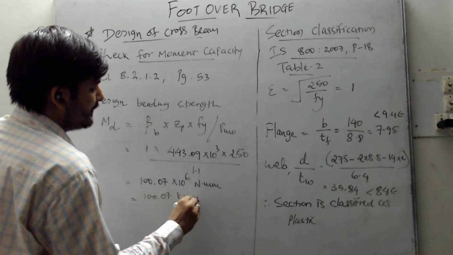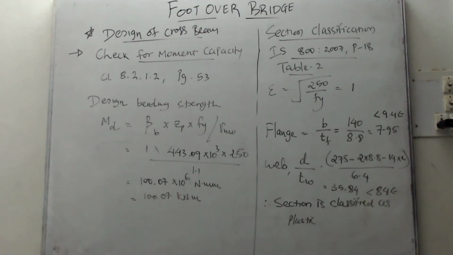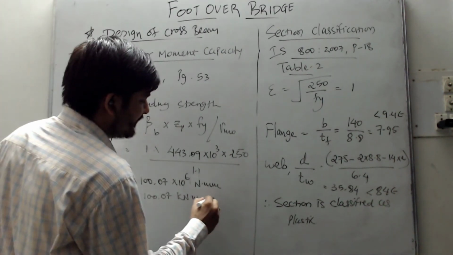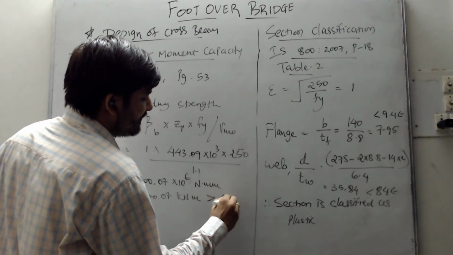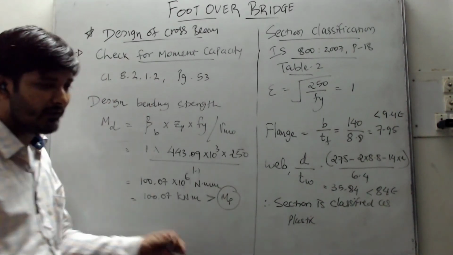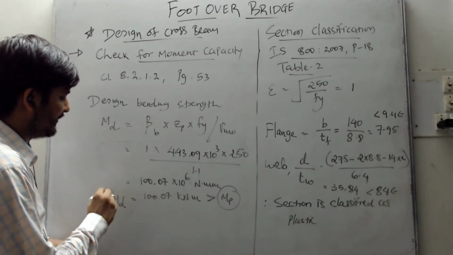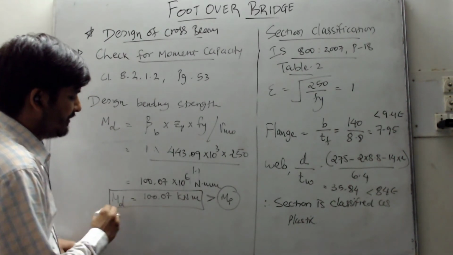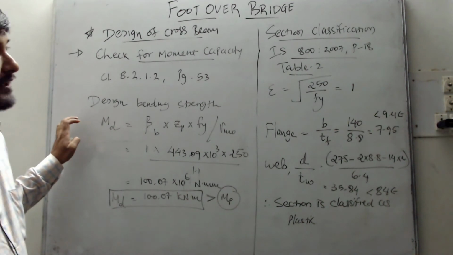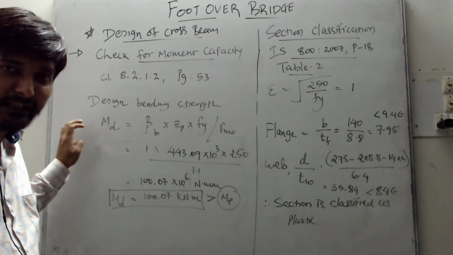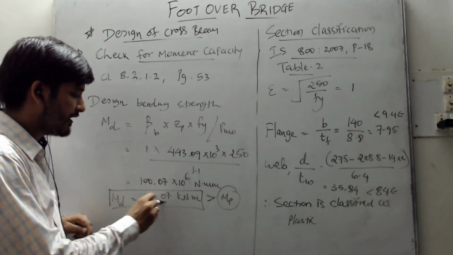So this is greater than 78 kilonewton meter. This is greater than the moment that we have found out in the previous calculations. So what does this mean? Moment carrying capacity: whatever section we have selected, it can carry moment up to 100 kilonewton meter. And how much moment is coming due to the loading?